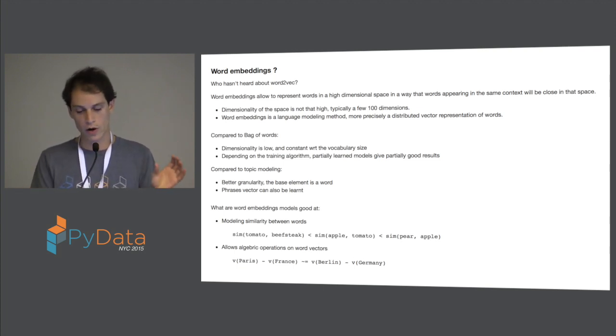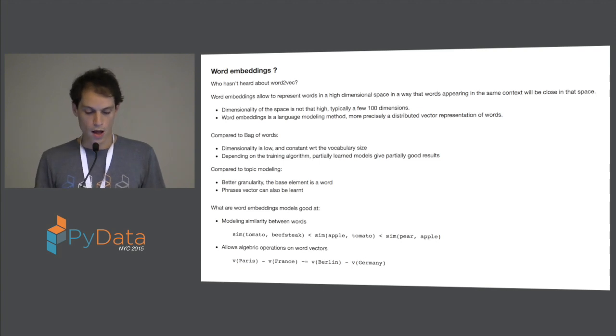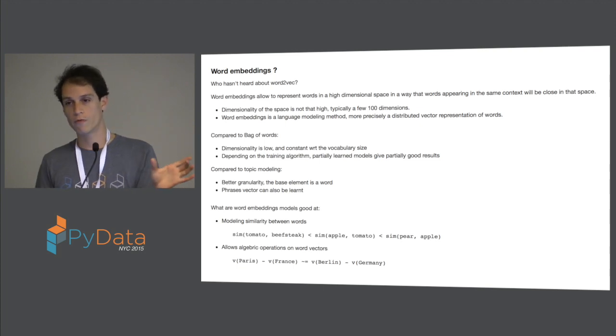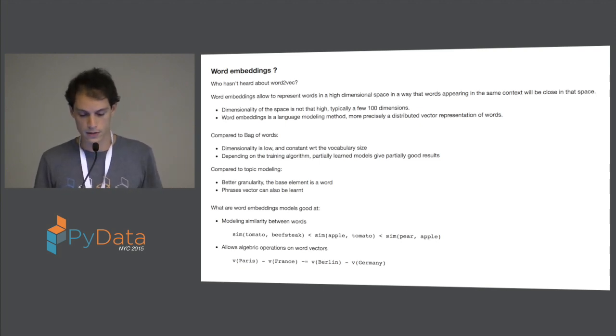So it's a different granularity. Something to mention is that there are extensions to Word2Vec that learn phrases or documents, taking into consideration the order of the words in sentences. We're not there yet, so I will not talk about it.